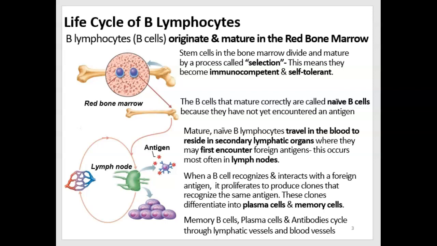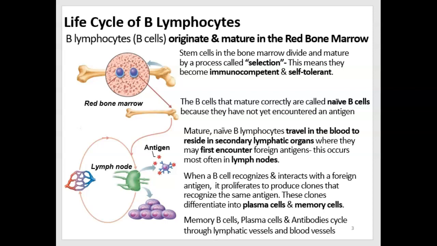And for now, we're just going to say they're mature, and I'll explain what those two terms mean in just a second. So after the B cells mature in the red bone marrow, they're called naive B cells because they haven't really yet encountered an antigen. They've just been made.